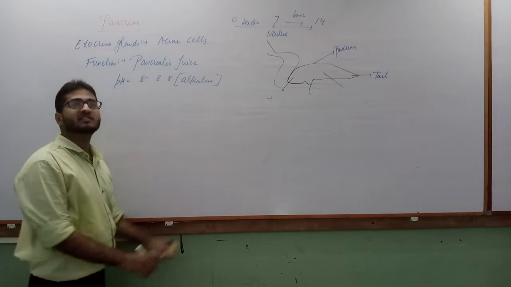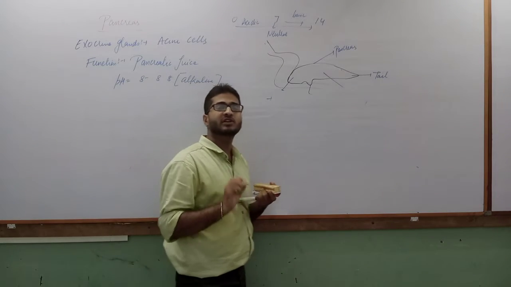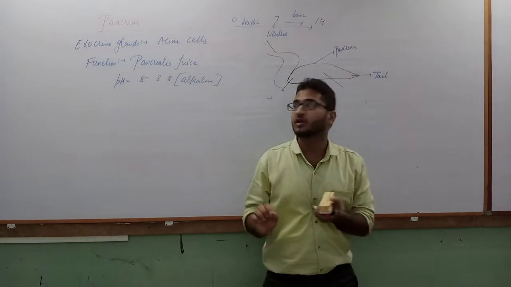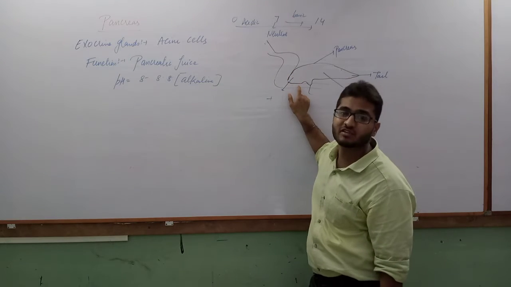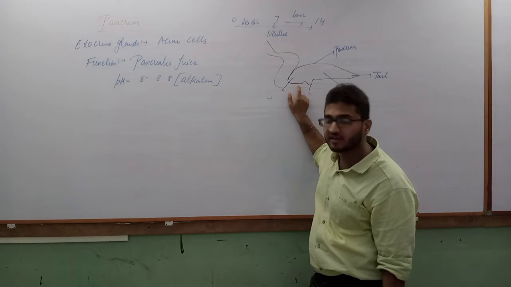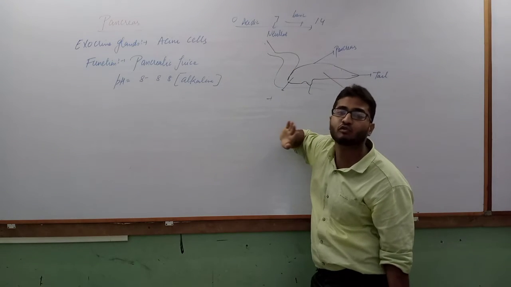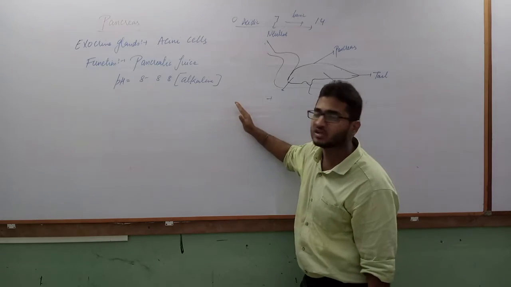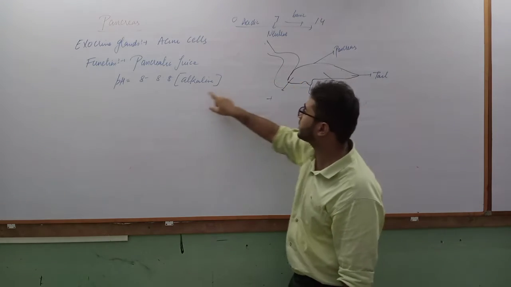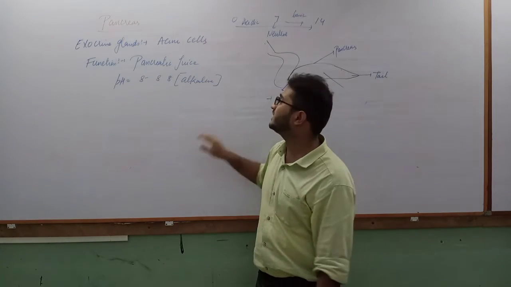Now why has nature given alkaline juice in the pancreas? This is for one reason: we know from the stomach the food comes into the intestine, that is the duodenum part of the small intestine, and we also know that the stomach secretes a high quantity of hydrochloric acid. So the food is acidic, but the enzymes in the pancreatic juice do not work in acidic pH.